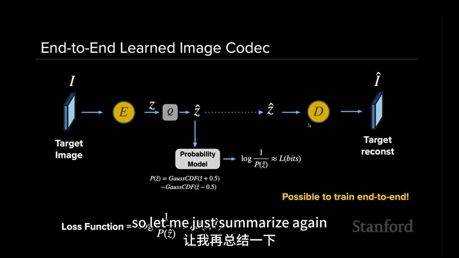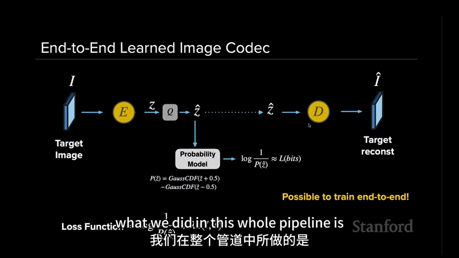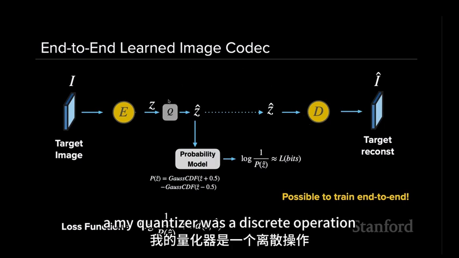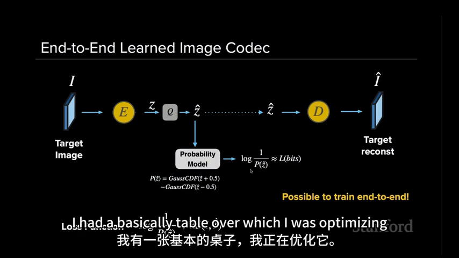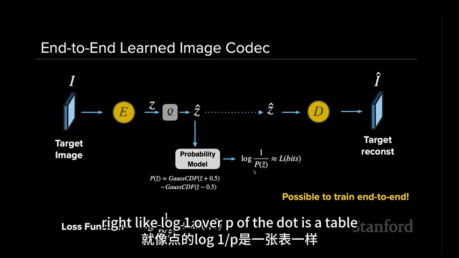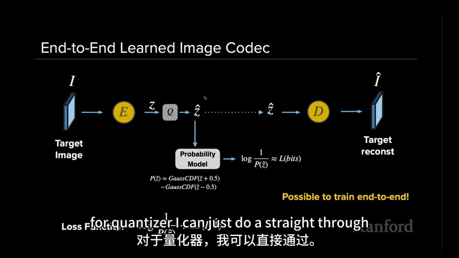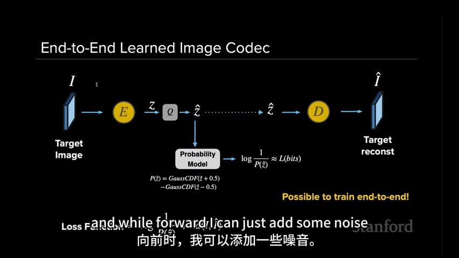So let me just summarize again. What we did in this whole pipeline is there were two issues. A, my quantizer was a discrete operation. Second, I had a table over which I was optimizing: log 1 over p of z hat is a table. The workaround for the quantizer is a straight-through backward pass, and in the forward pass, I can just add some noise.